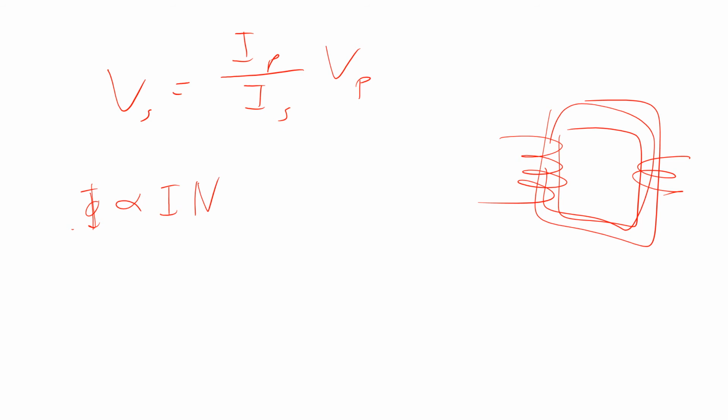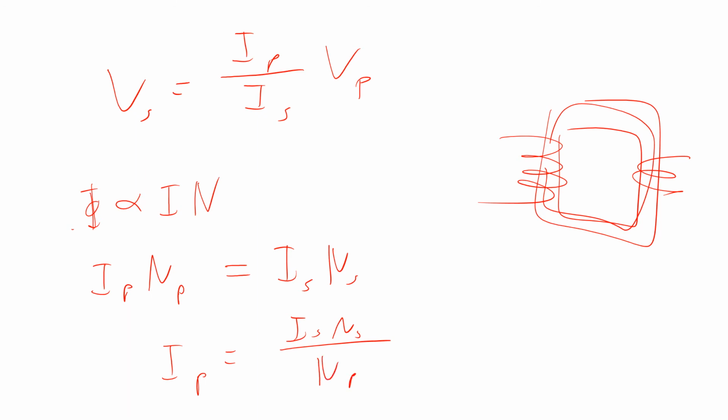We could then say that I primary times N primary has to equal I secondary times N secondary. So I primary is I secondary times N secondary over N primary. We can then add that into the equation above and say the voltage of the secondary is equal to N of the secondary divided by N of the primary times the voltage of the primary.